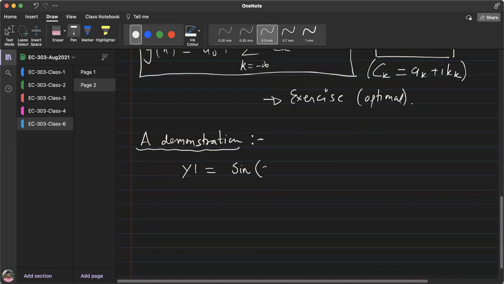sine 2x. All of you know how this would look. Let me write this in a more formal way: sine of 2 pi omega 1 x. Now what does this mean?